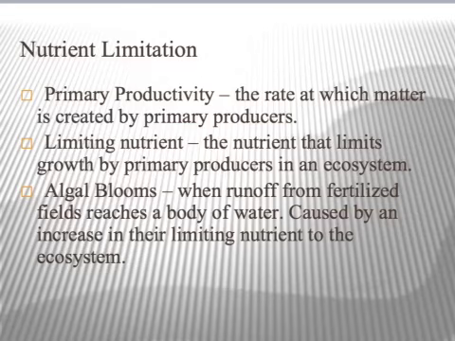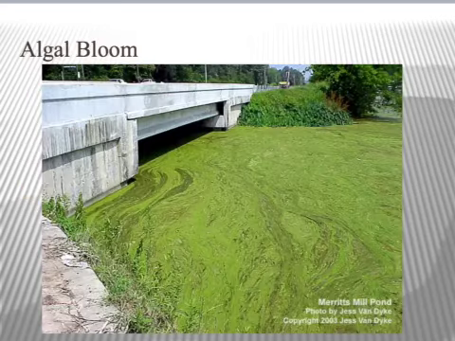This is when runoff from fertilized fields reaches a body of water, caused by an increase in the limiting nutrient to the ecosystem. And if I go to the next slide, we'll see what happens.